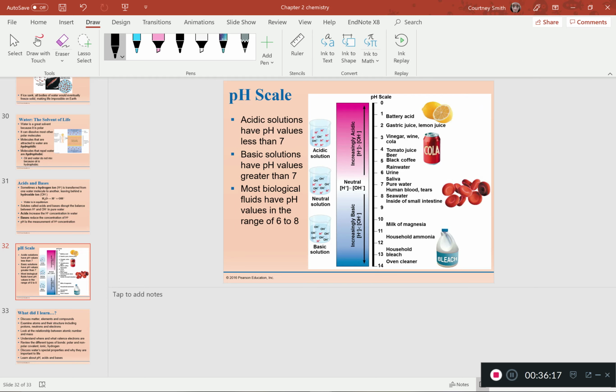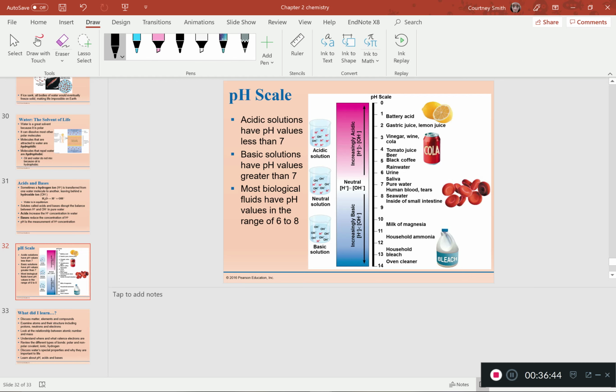Know what the pH scale is, and also know that acids have a higher concentration of hydrogens compared to bases, and bases have a higher concentration of OHs compared to acids. That's the main difference between acids and bases, okay?